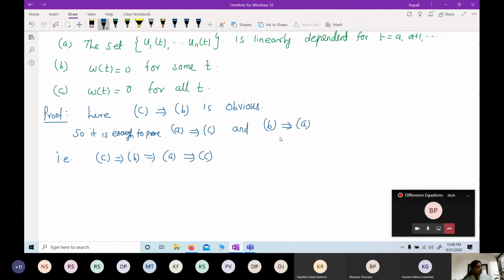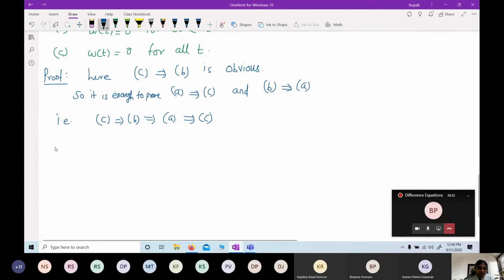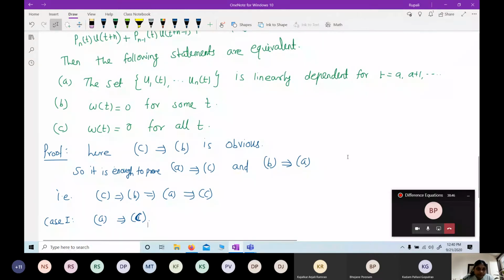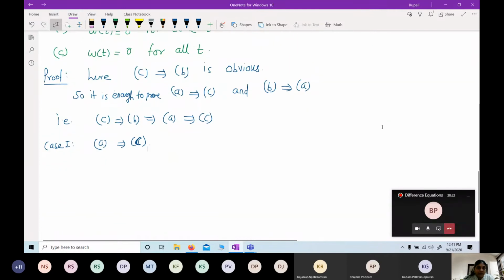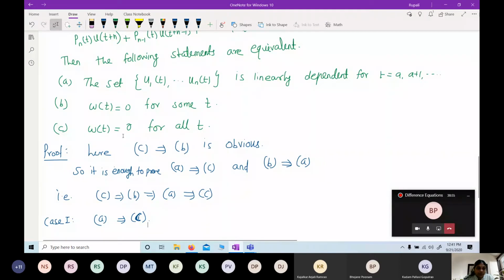So first we will prove A implies C. Case 1, A implies C. So suppose that, what is my A? The set u1(t), u2(t), ..., un(t) is linearly dependent, and we want to prove W(t) is equal to 0 for all t.